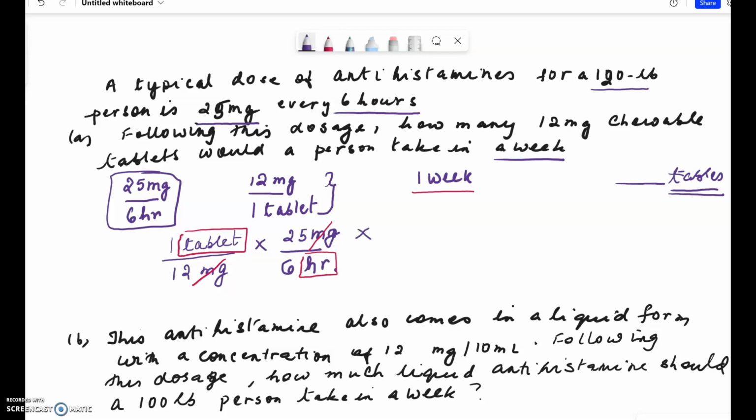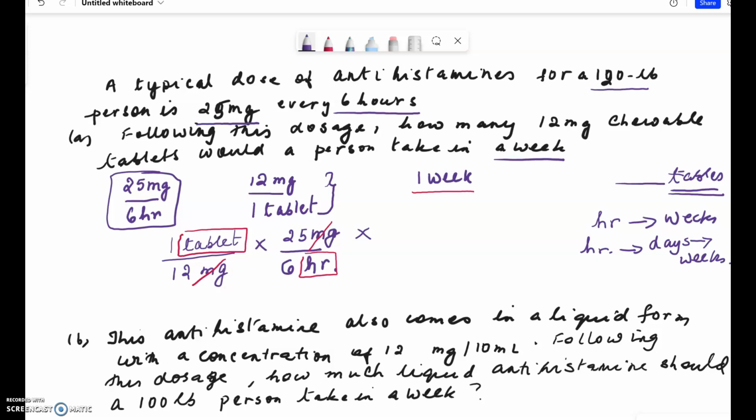So we're going to first, we have to turn hours to weeks. So we can turn hours to days, and then days to weeks.